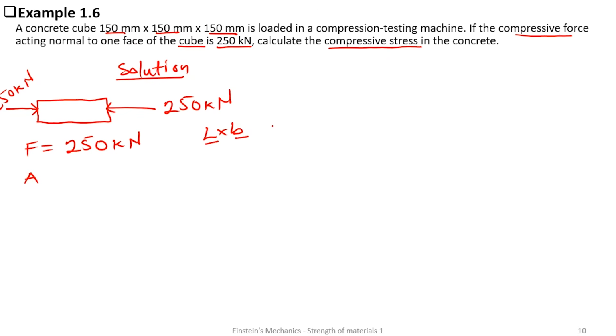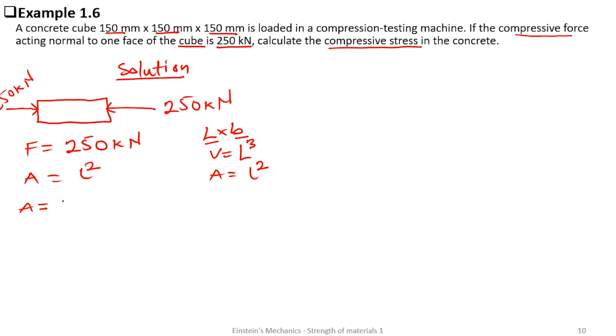If you do so, you are calculating for V, which is volume, L cubed, but the area for the cube will be L squared. Here we can convert this to meters by dividing each of them by 1000.